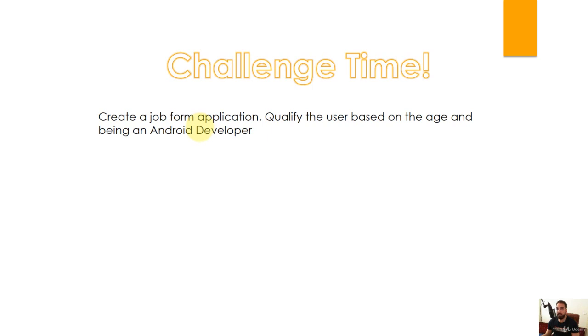If the user is above 18 and the user is also an Android developer, the user is qualified to get the job. But if the user, for example, is below 18 and the user is an Android developer, then the user is not qualified to get the job. And I want both of these variables to be true, the age and being an Android developer.